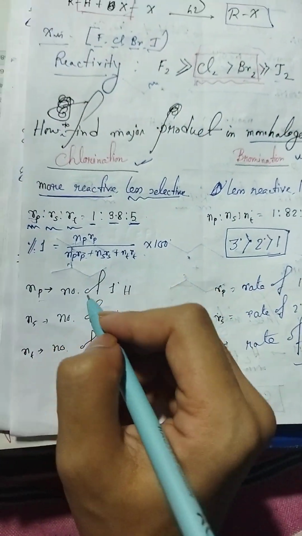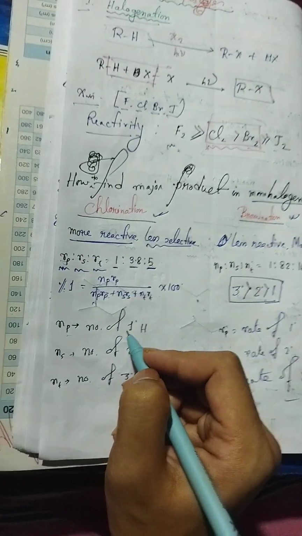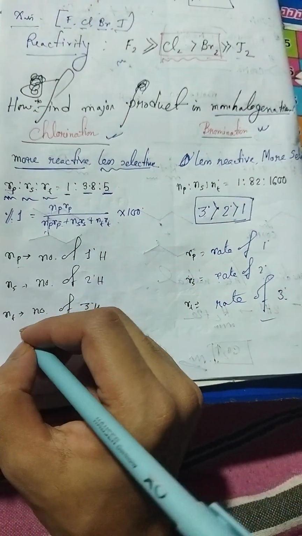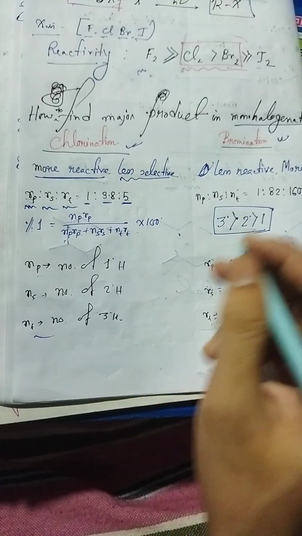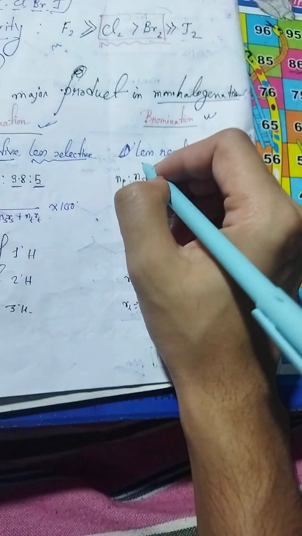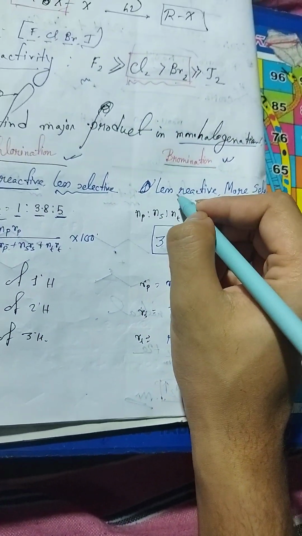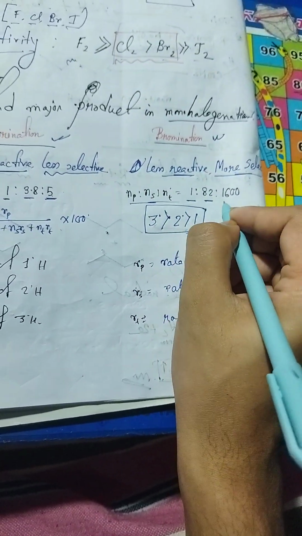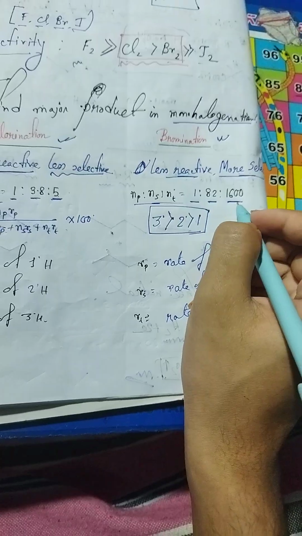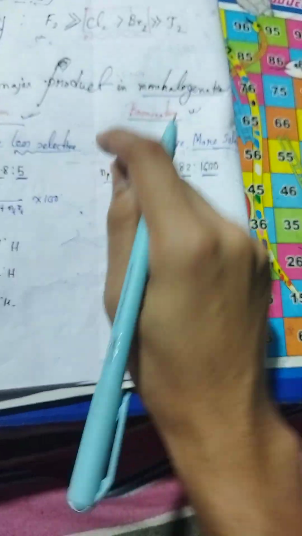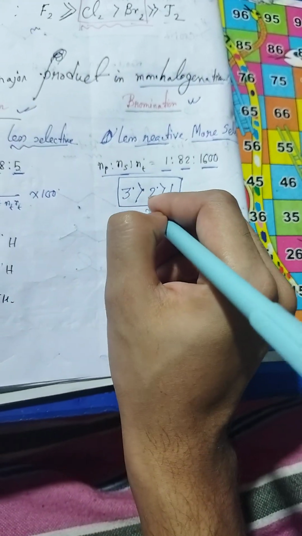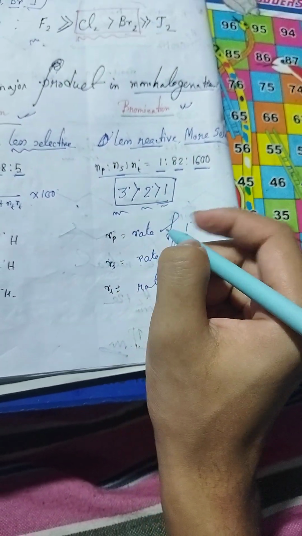Here Np is the number of primary hydrogens, Ns is the number of secondary hydrogens, and Nt is tertiary. For bromination, this is the most selective and less reactive. The ratio is 1:82:1600. In this reaction, always 3 degree is greater than 2 degree and then 1 degree.